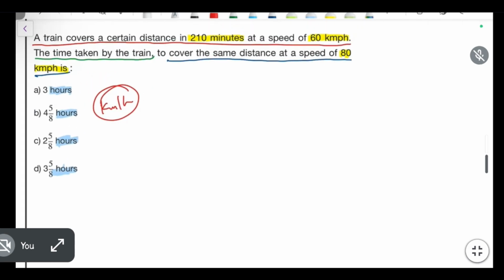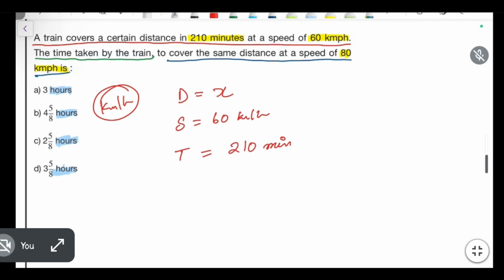First part of the question says a train covers a distance, that means we don't know the distance. So shall I assume the distance as x and speed is given as 60 kilometer per hour. And time is given as 210 minutes.